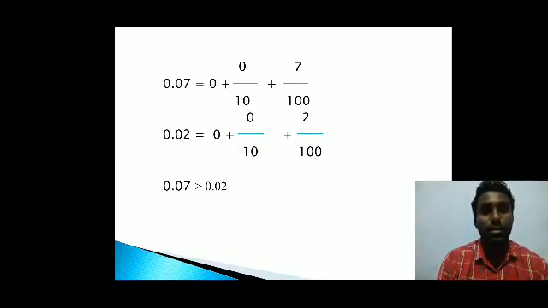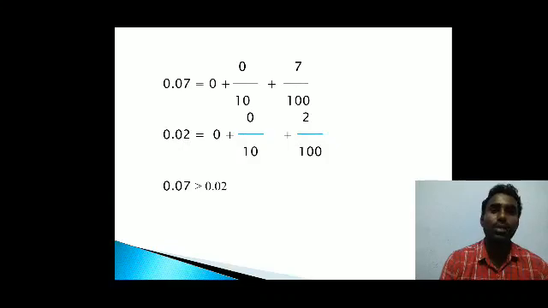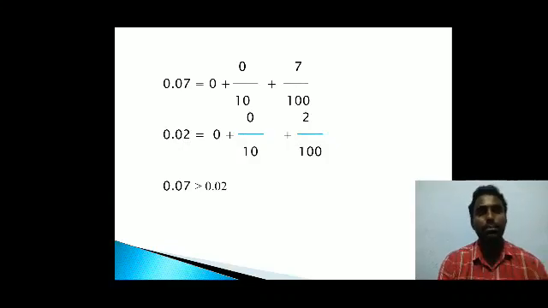Even if both are equal, even the 10th digit and the 100th digit are equal, then look at the 1000th digit. If it is different, we can compare, and the number with the greater 1000th digit is the greater number, right? Even if the 1000th digit is also the same, look at the 10,000th digit. Likewise we have to go on. Okay, we can compare.